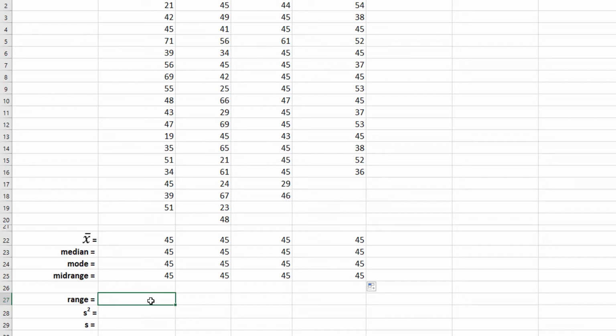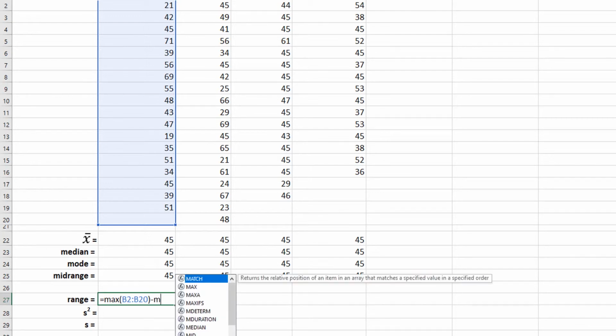So we're going to type in equals, and how do we find the maximum data value? That's right, we type in max, open parenthesis, grab the first one, go down past that last one. Then minus the smallest value, which we would use min.